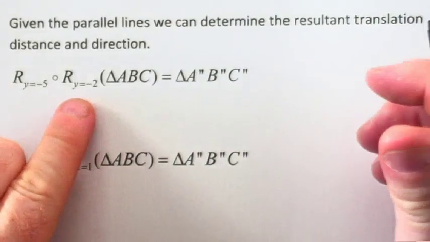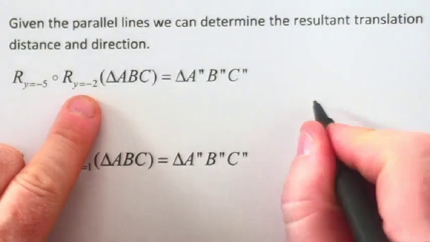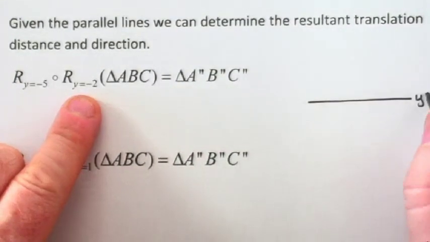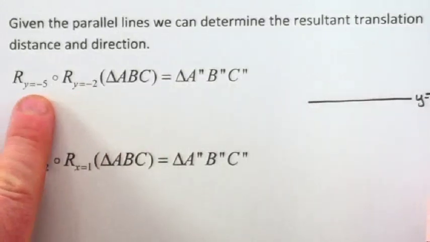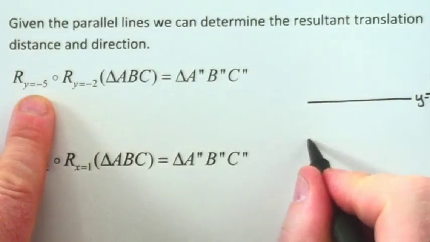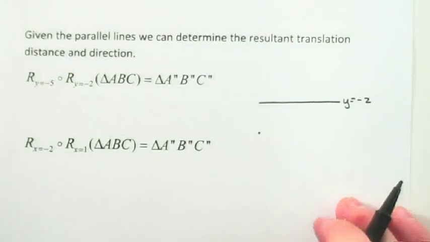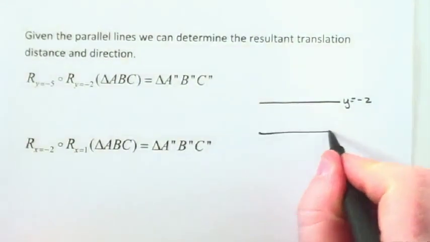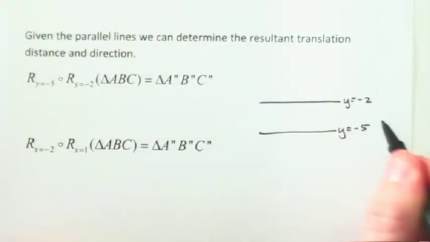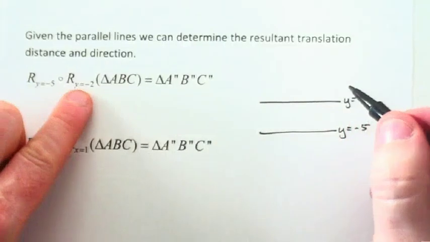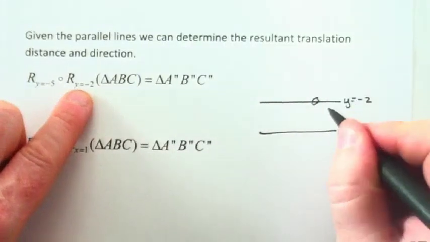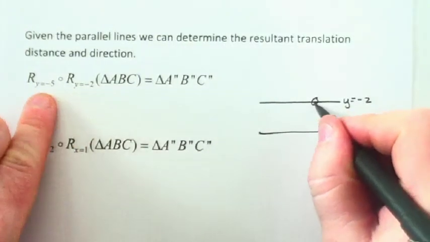So let me tell you how I figure this out. Y equals negative 2 is somewhere here, let's say. Y equals negative 5 is, say, somewhere, let me just expand this, is somewhere down here at y equals negative 5. So it says start at negative 2 and then reflect over negative 5.